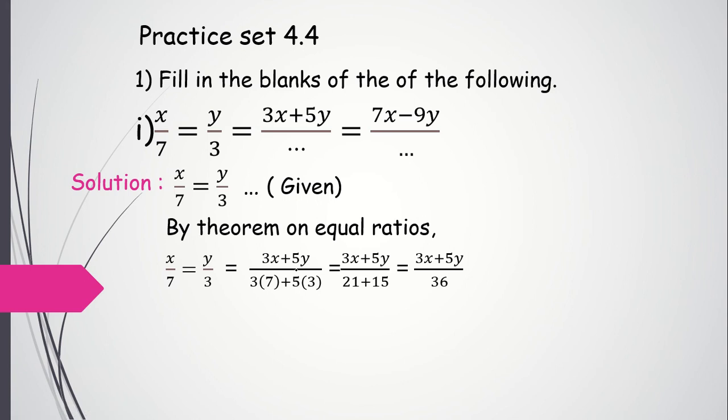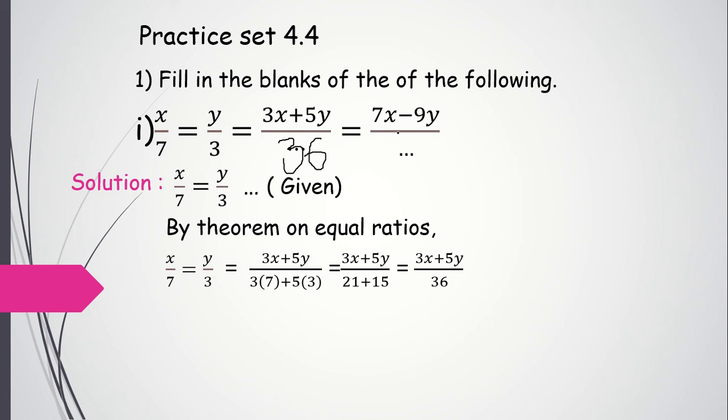This is done directly actually, 3x plus 5y, and here 3 into 7. Here we have multiplied numerator and denominator and added. Okay, this is done all in one step. If you cannot follow, you can do it in step by step manner like how I showed earlier. So therefore 3x plus 5y upon 21 plus 15. 21 plus 15 is 36. So here we get, in the place of a blank, we get 36.